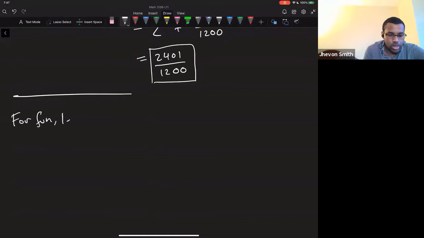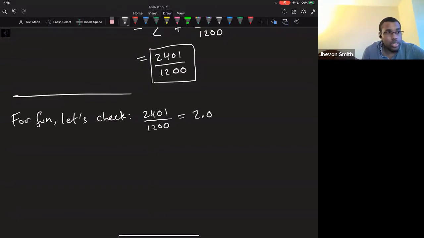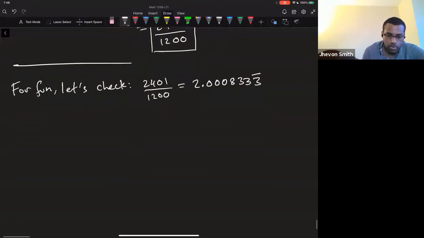For fun, let's check. If you do 2401 over 1200, that's actually equal to 2.0008333, and it kind of repeats after that, which you might recall is 3 with a bar on top to say that the 3 just repeats after this.